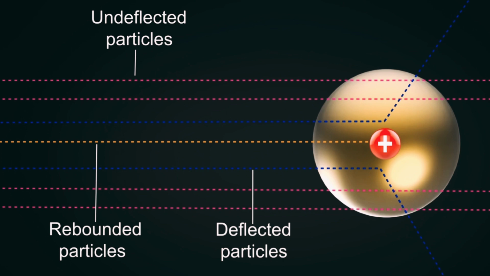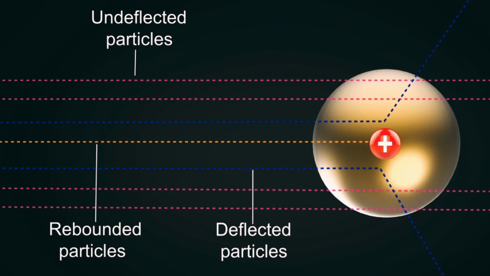Why? Because there was a small portion of alpha particles which showed little deflection. And then the third one was that only a small fraction of particles showed complete deflection. Why was that?